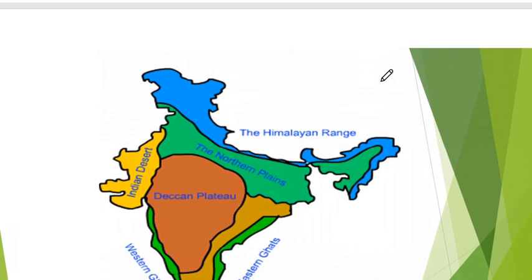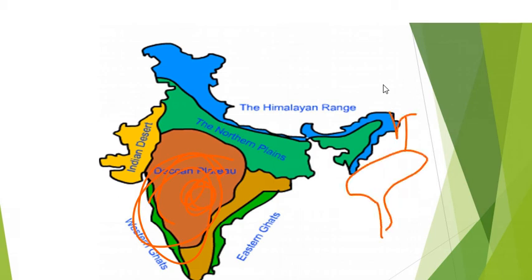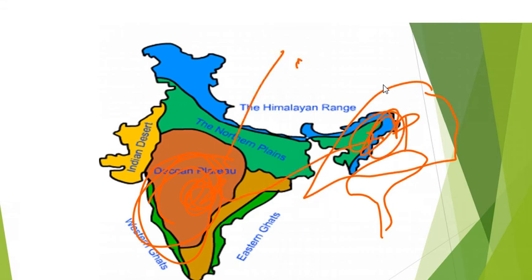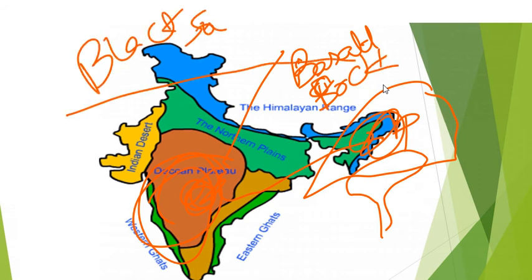See, this is how the Deccan Plateau formed. Here the magma plume hit India and resulted in this color. That's the reason we find basalt rock here, from which black soil is formed.